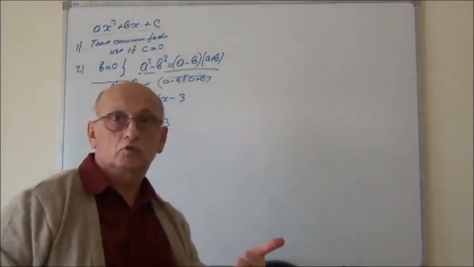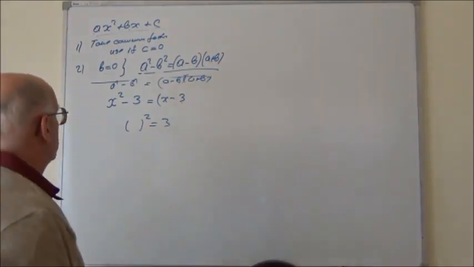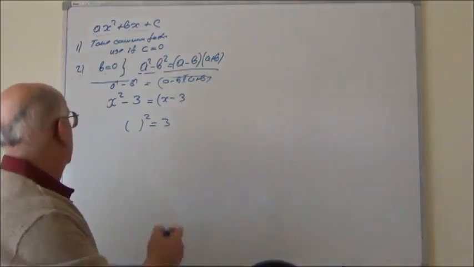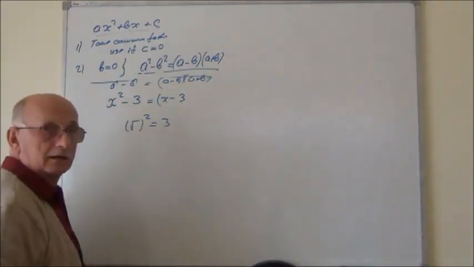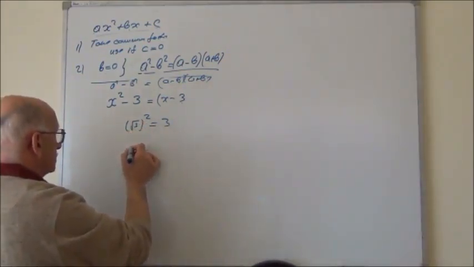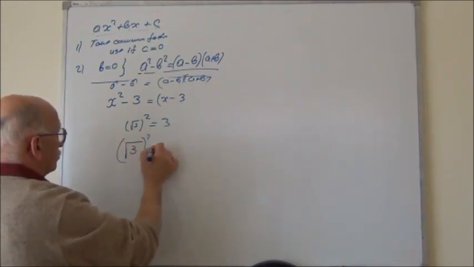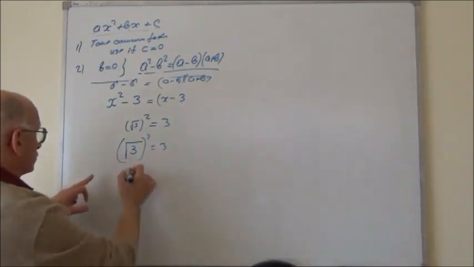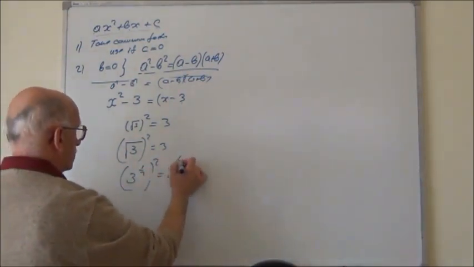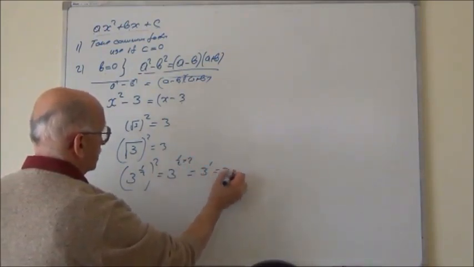Of course, it's not 1, it's not 2, so here there should be some decimal number, but of course we can't guess the decimal number, and we can write its exact value, that is square root 3. Because don't forget, by index law, square root 3 to the power 2 is equal to 3, because square root you can write like half to the power 2. 3 to the half multiplied by 2 is 3 to the 1, which is 3.